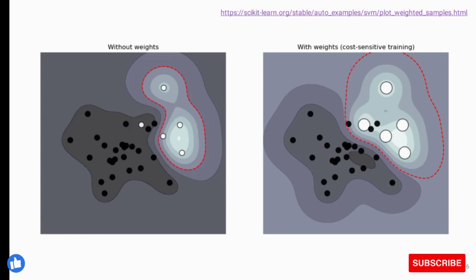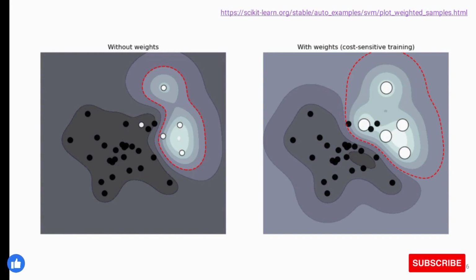So what does that actually do? Well, without the weights, SVM would draw a classification region like this. We've got the red dotted outline of where the actual hyperplane that separates these classes is. When I add in the weights, it effectively makes the points bigger.